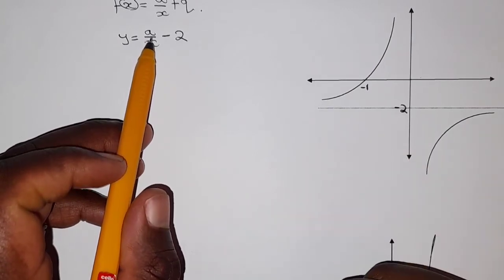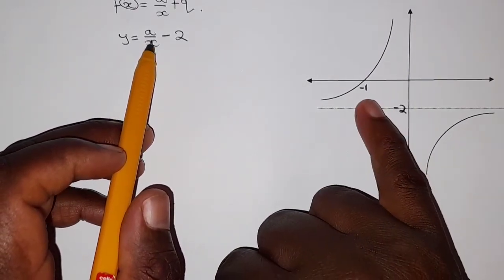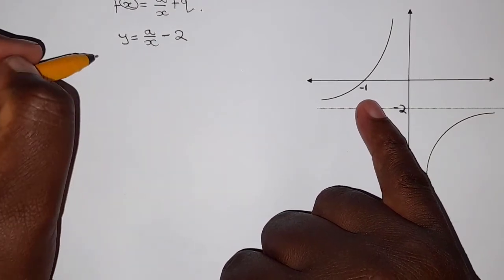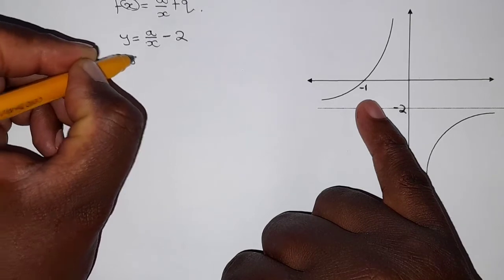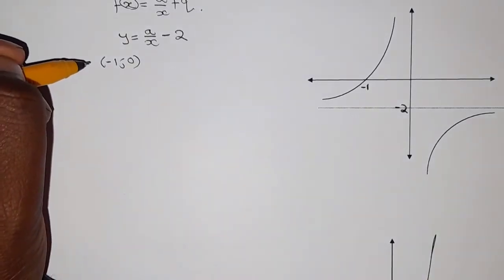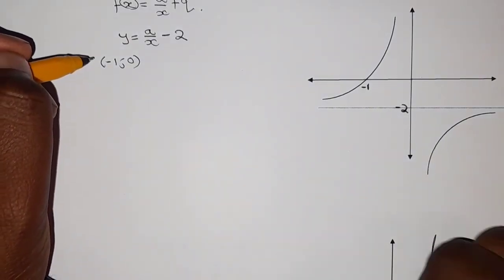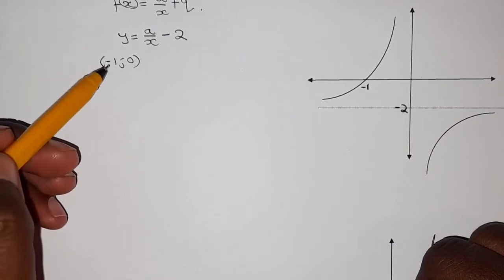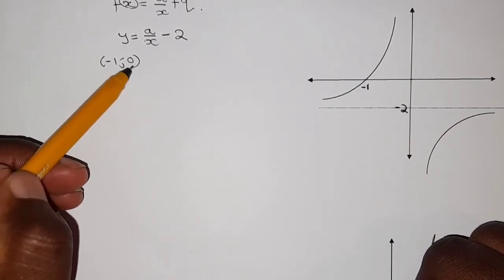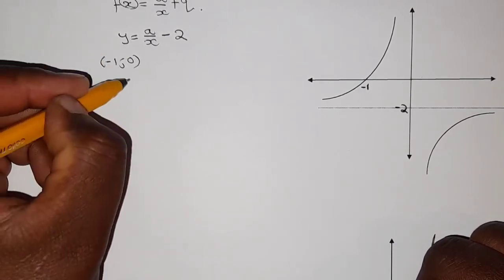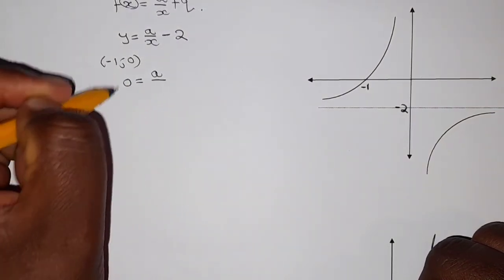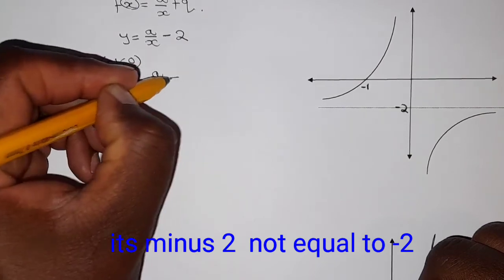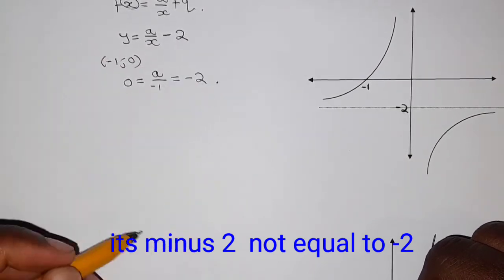How do we get the value of a? Let's use the coordinates of this point. This point is (negative 1, 0). Let's substitute that value. Our y is 0 and our x is negative 1, so it's 0 is equal to a over negative 1 minus 2.